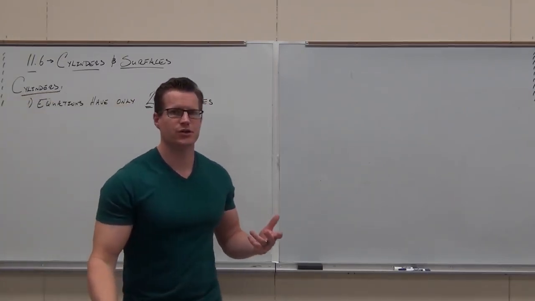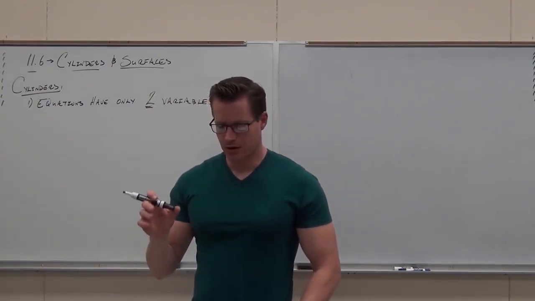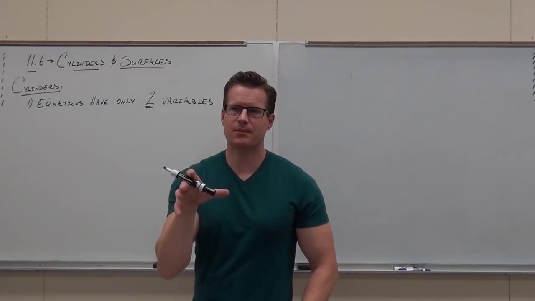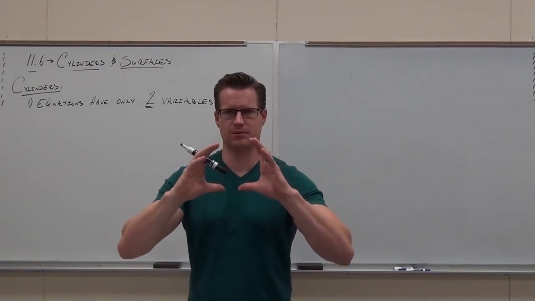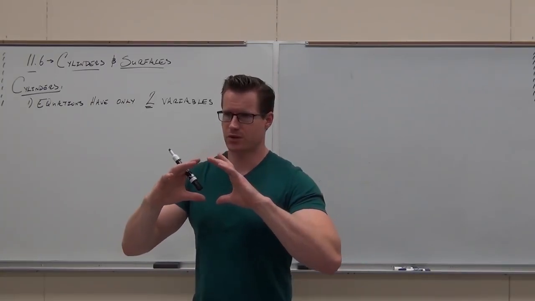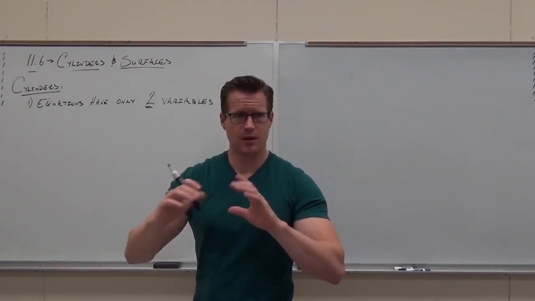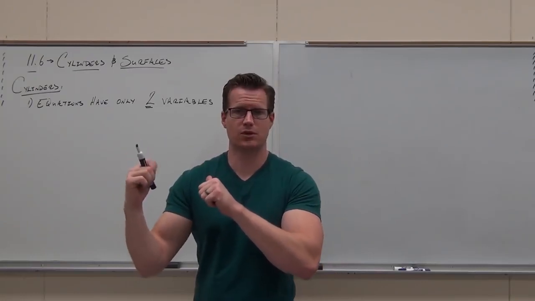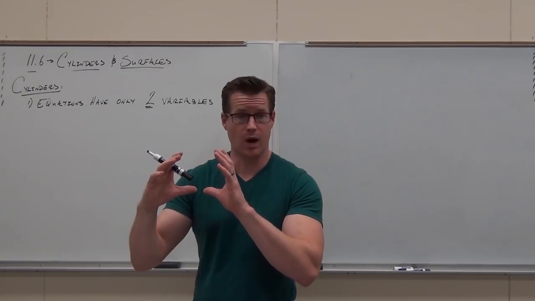What these equations are going to do for you is give you a trace. Remember talking about the traces? The trace is the shape, just like the shape on a plane. So these equations give you a trace on the plane that those variables tell you. If you have an x and a y, your trace is going to be on the xy plane.